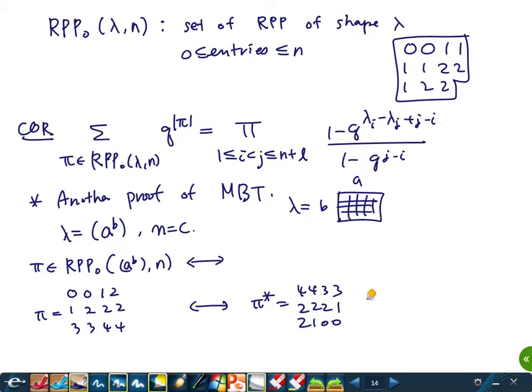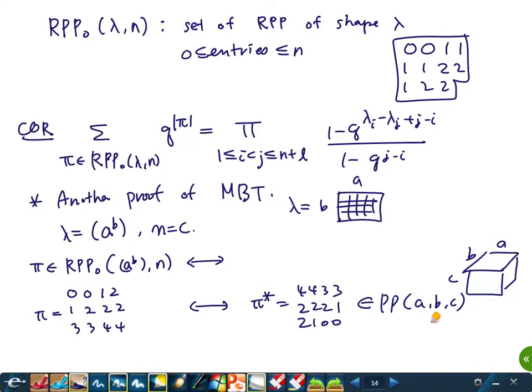This is now the usual plane partition. So this is a plane partition inside the box A, B, C. The height is C. And of course their sizes are the same. So this is in fact the generating function for reverse plane partitions over here. All right?